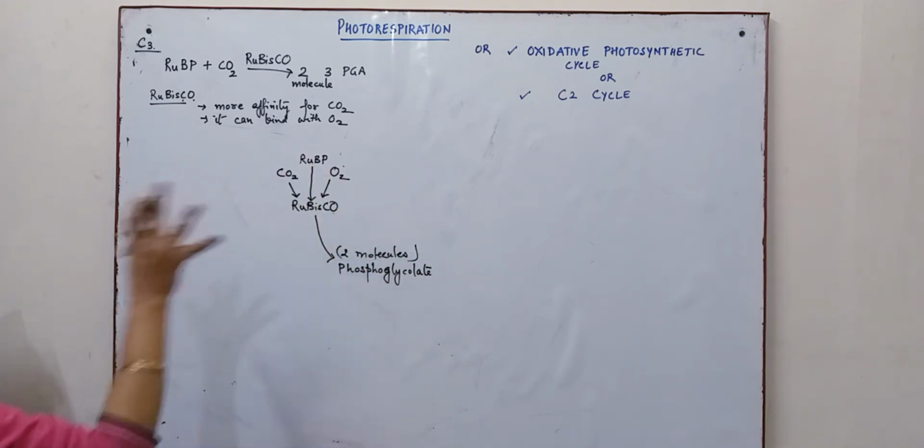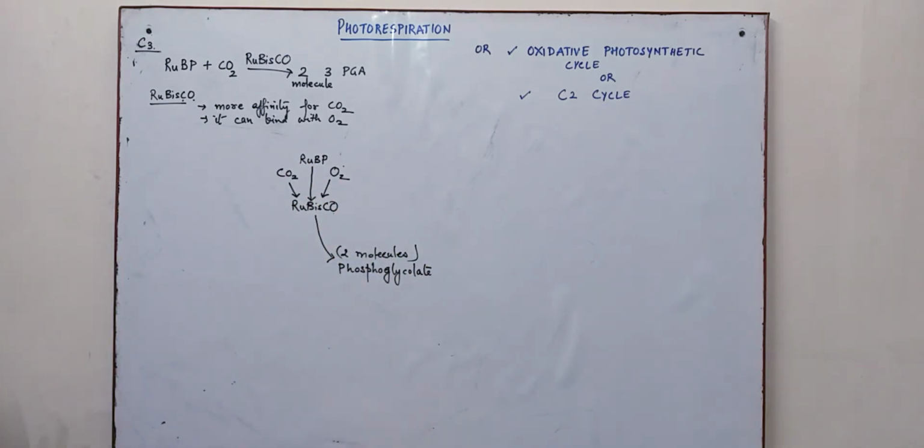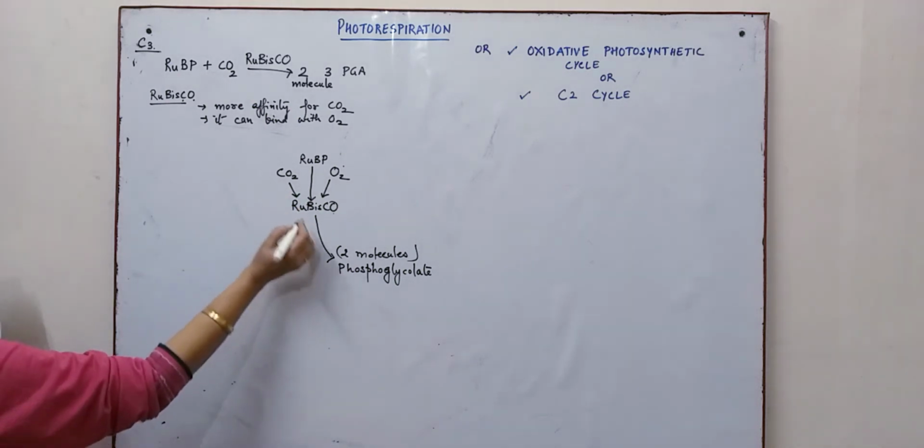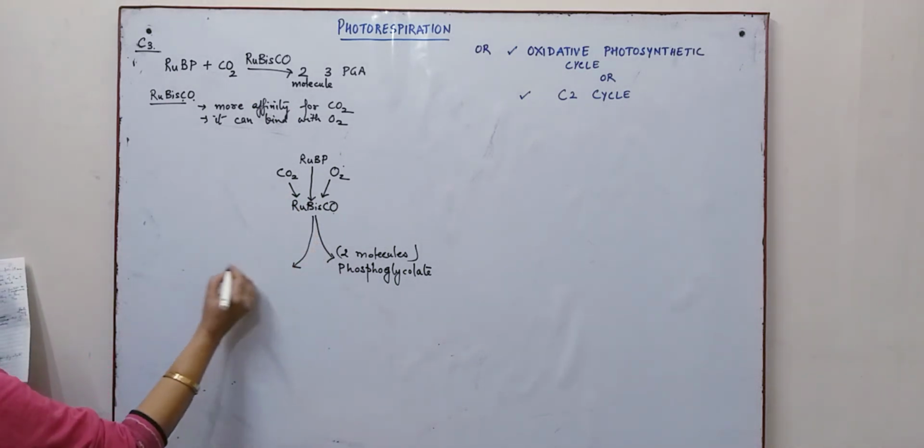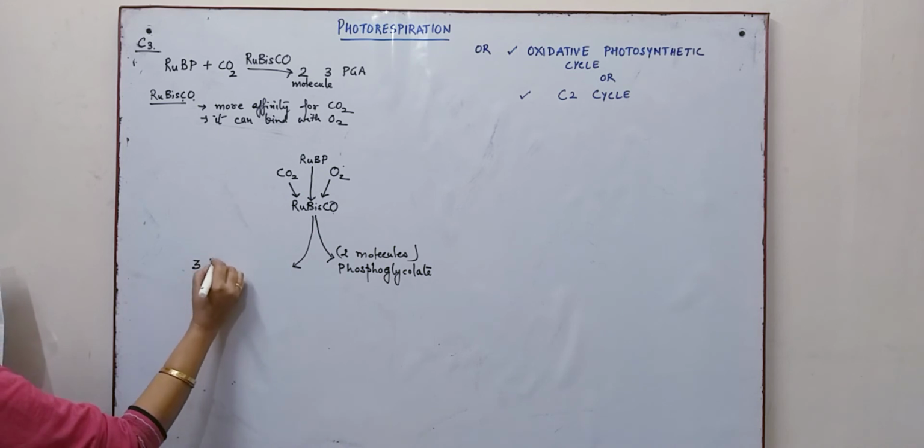This we are talking of C3 plants. Try and understand it again. With carbon dioxide, it will form 3-phosphoglycerate.